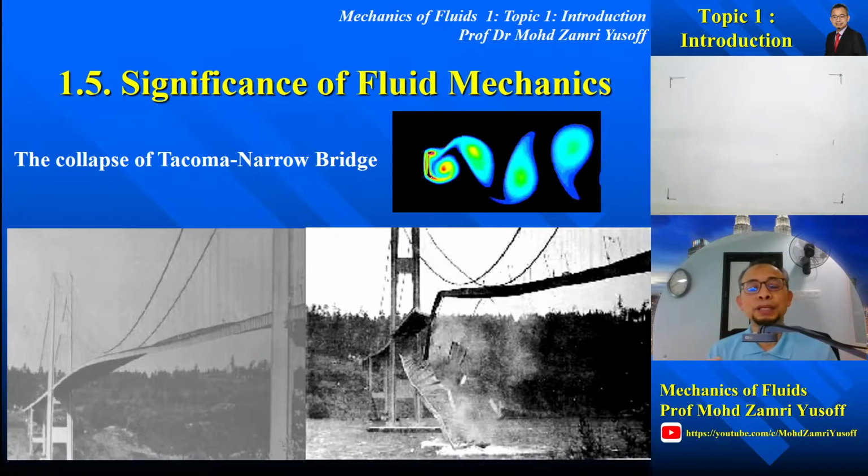It was due to the effect of the wind that gave rise to a phenomenon called the von Karman vortex street, which gave rise to oscillations of the bridge girder. These oscillations coincided with the natural frequency of the bridge, and because of that, we have resonance and the bridge just collapsed. So let's watch a video of this very unfortunate case.